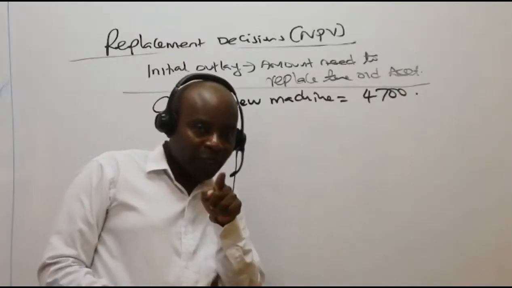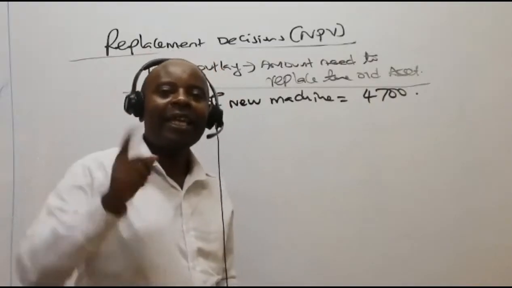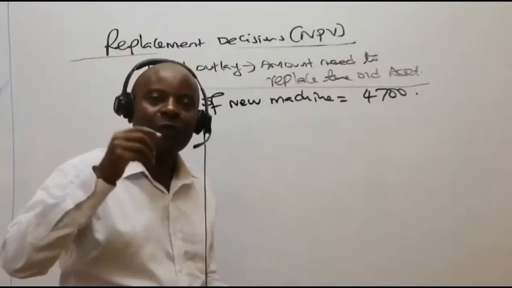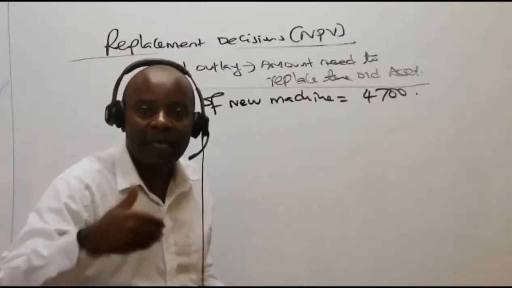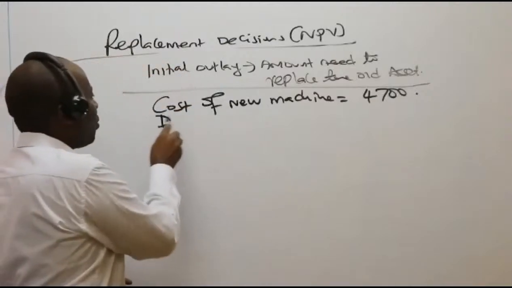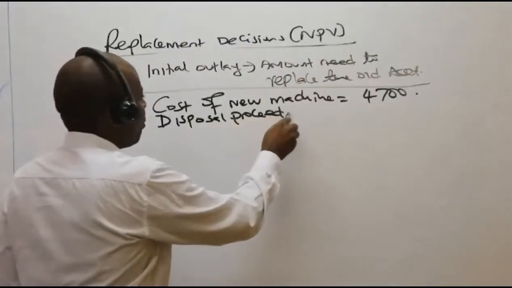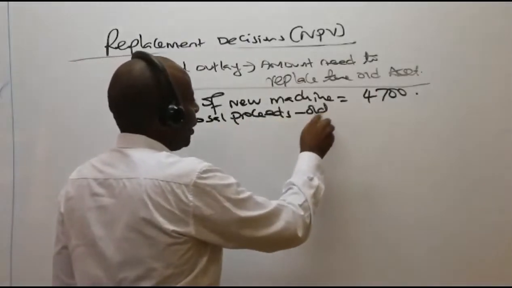as I procure this new machine, I'm going to get a relief. A relief of what? I'm going to get some amount out of selling the old asset. So in this case, give us the disposal proceeds of the old machine.